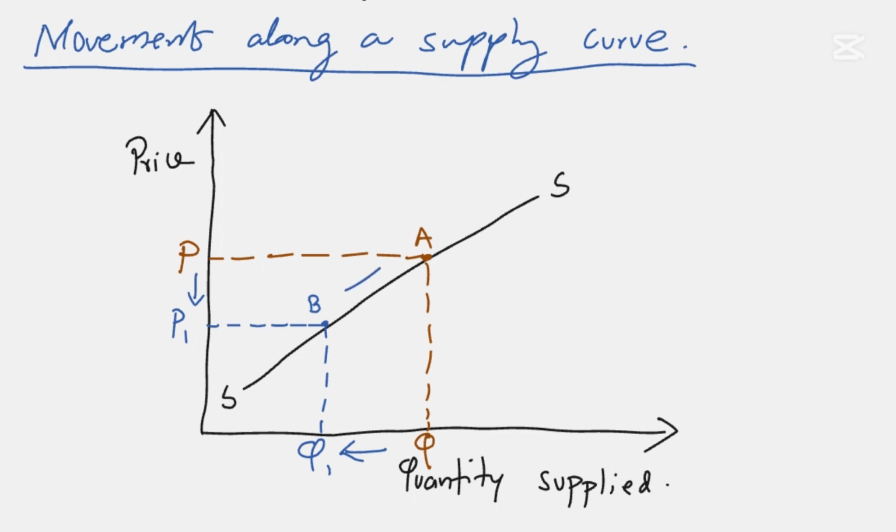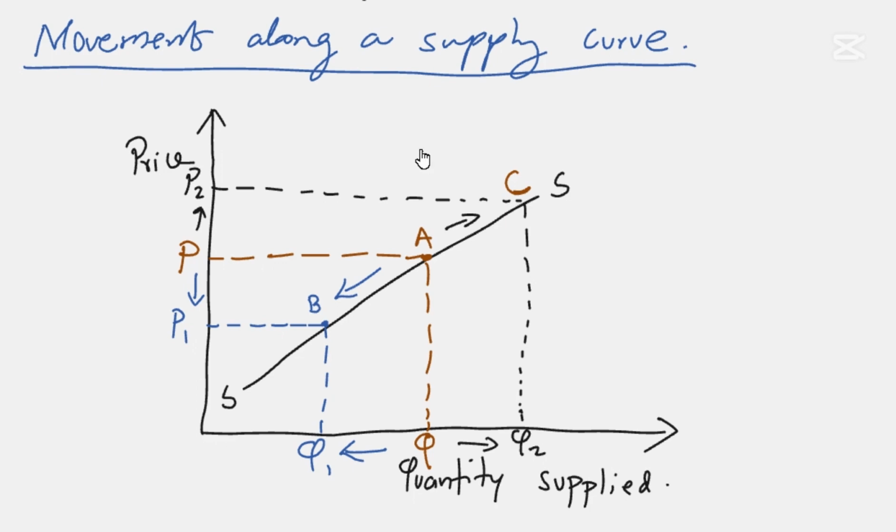The quantity decreases from Q to Q1, causing a movement from A to B. If we increase the price from P to P2, we are going to have the quantity supplied increasing from Q to Q2, causing a movement along the curve from A to C.